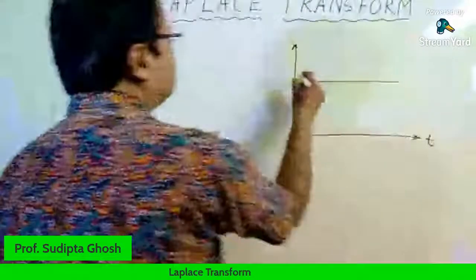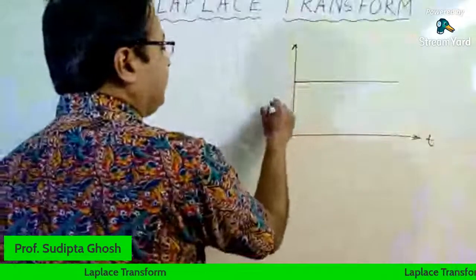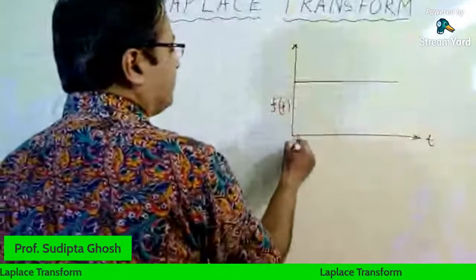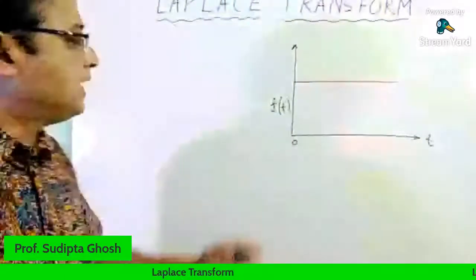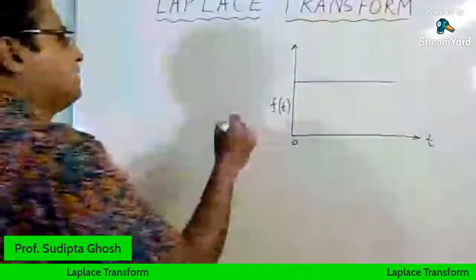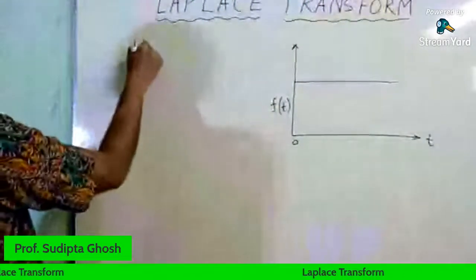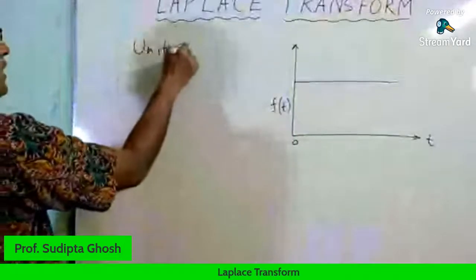That is, this is the f of t. Now this is the time axis and this is the function value, and the function is known as the unit step function.